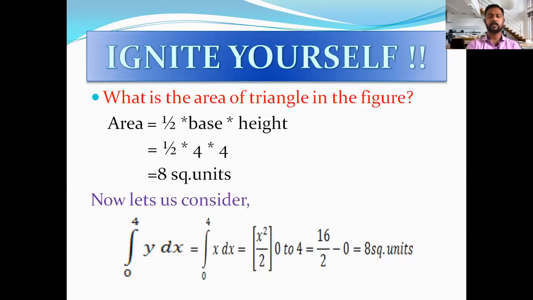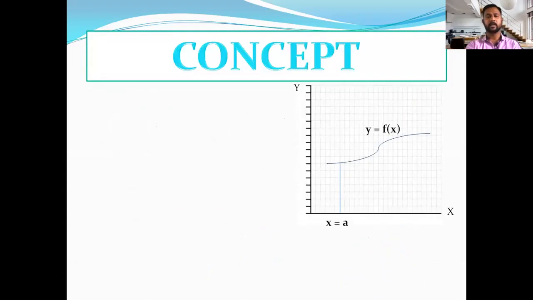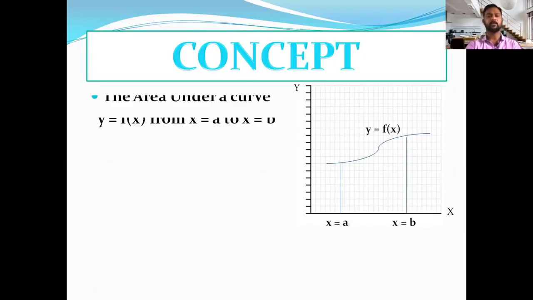Let us generalize this thing. Consider the graph of a function y is equal to f of x. We are considering the extremities x equal to a and x is equal to b. Then we are going for the area under this function f of x from x equal to a to x equal to b.